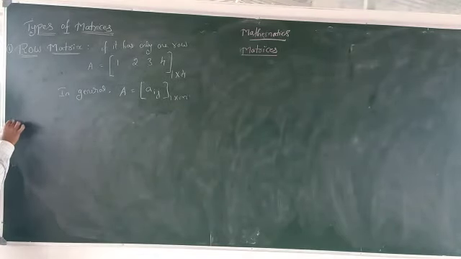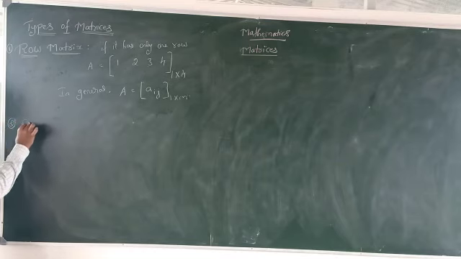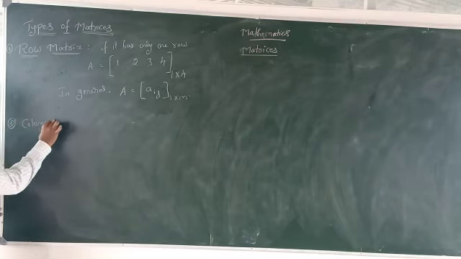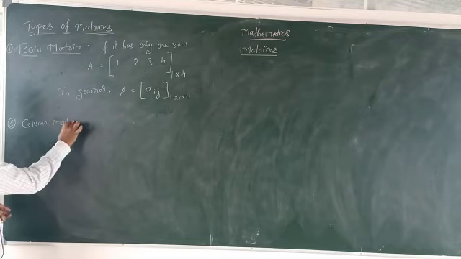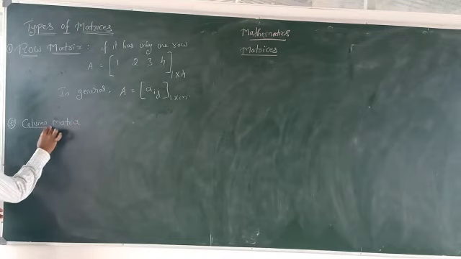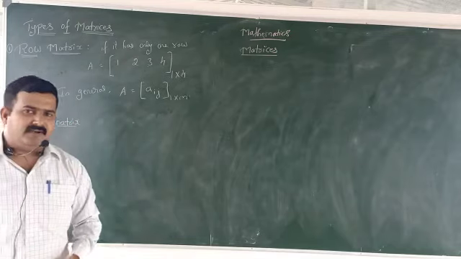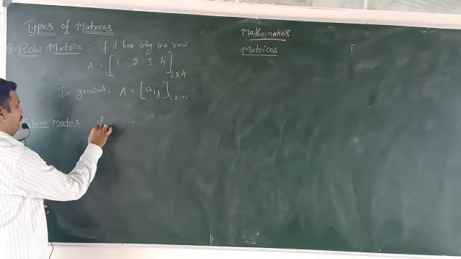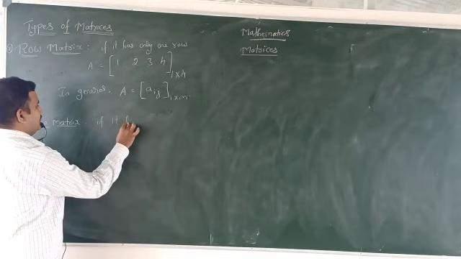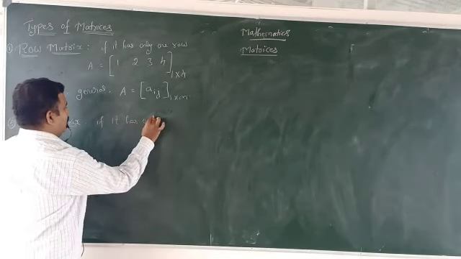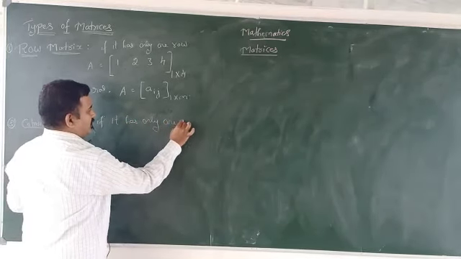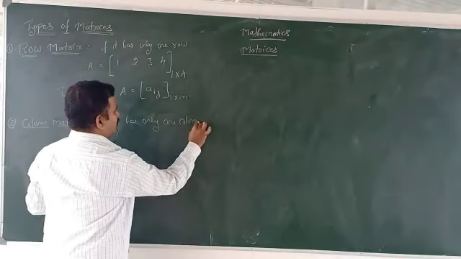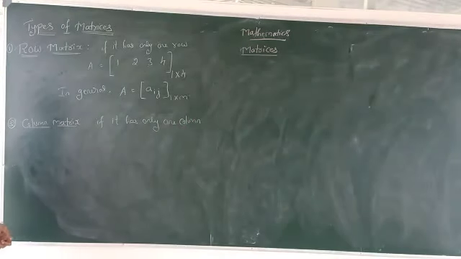Next, the second one is the column matrix. What do we mean by a column matrix? It is very easy. If it has only one column, then it is called a column matrix.